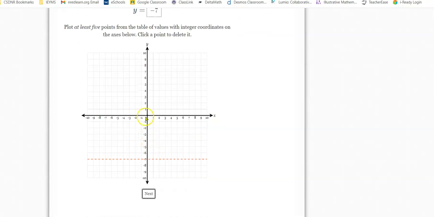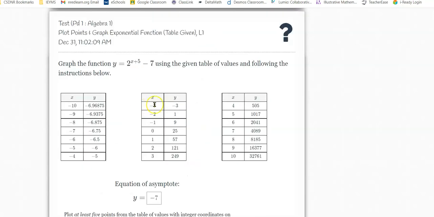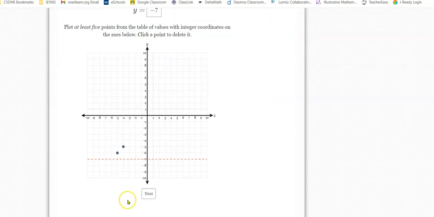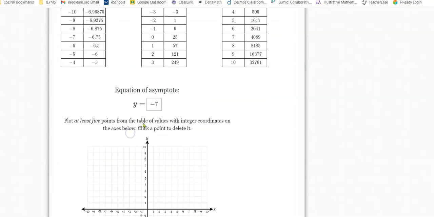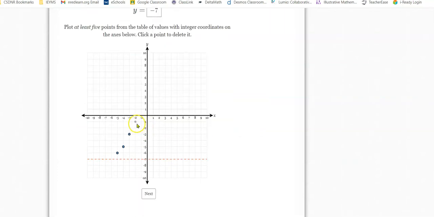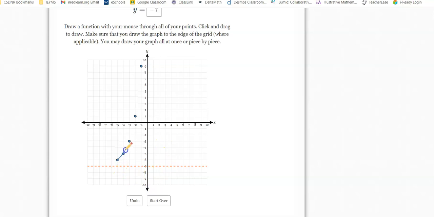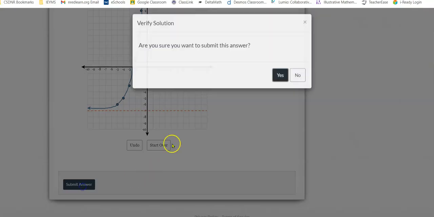So -5, -6, -4, -5, -3, -3, -2, 1, and -1, 9. So it looks like it's getting very high here. So I'm going to shoot this up with an arrow, but then I'm going to go and hug this dotted line, but not go past it.